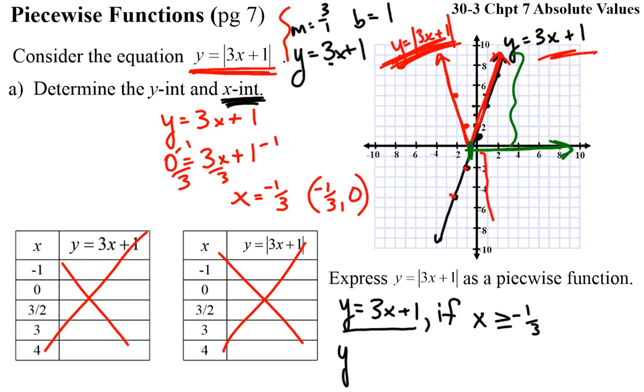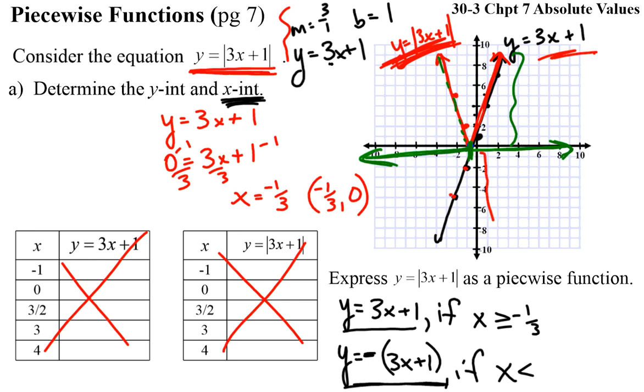But we also have the absolute part of the graph, which, remember, we identify with that negative. That identifies we need to reflect. So the absolute part of the graph occurred. Where did the absolute part occur? Well, the absolute part of the graph occurred for everything smaller than negative 1/3. So the absolute portion of the graph occurs when x is less than negative 1/3.